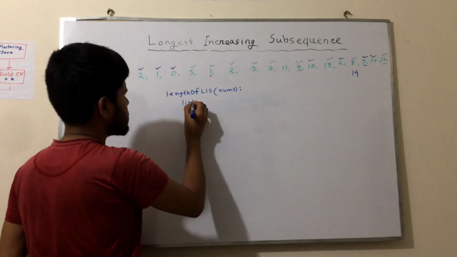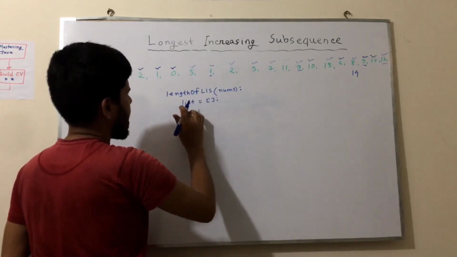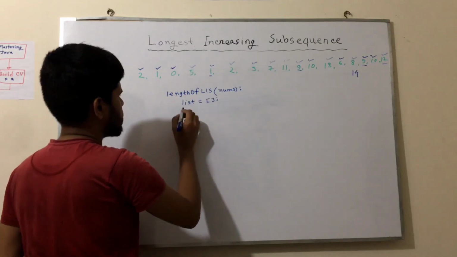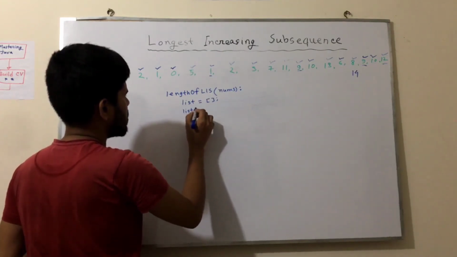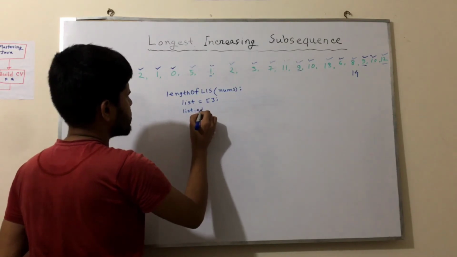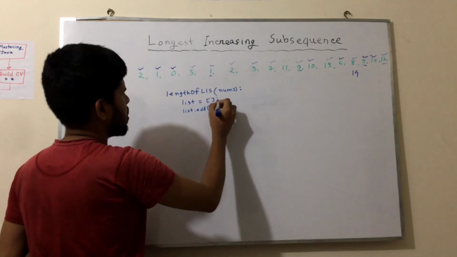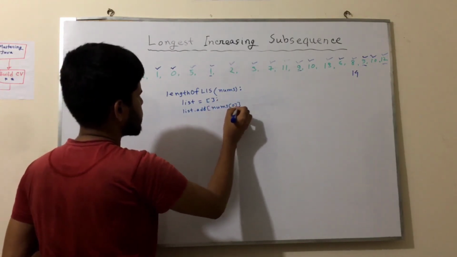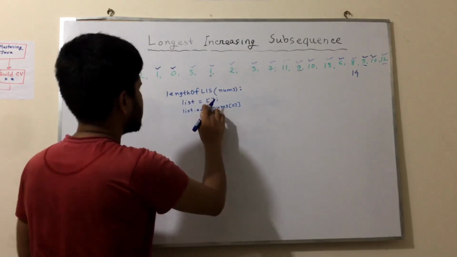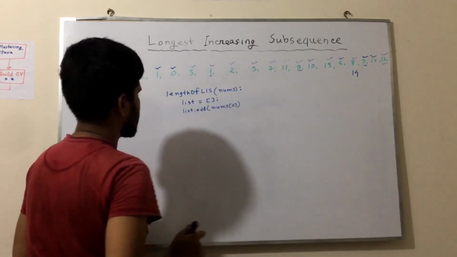So list equals to this empty list, and I'm going to add the first element to this list. So list dot add the first element into the list, so nums 0, the first element. So we're adding the first element to this list.